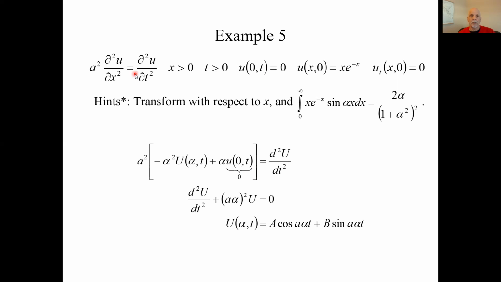And on the right side, since we took it with respect to x, just the second derivative of big U with respect to t. Collapse this down to its simpler form, and it is a standard ordinary differential equation we have the solution for. There it is. So now we have to find big A and big B.